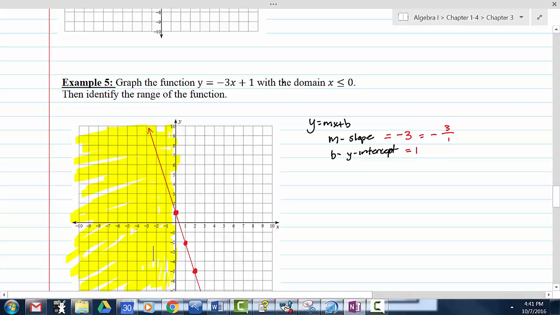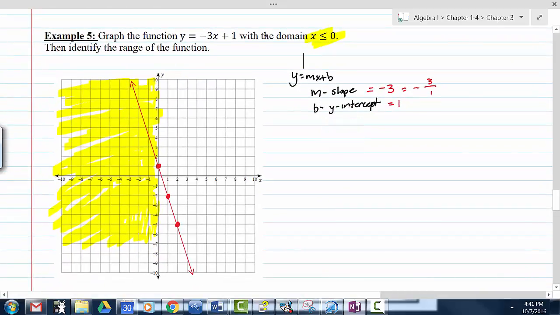They're all on the left of 0 because it says x is less than or equal to 0. So because of that, everything that is greater than 0 is not part of our line. So we get rid of that.